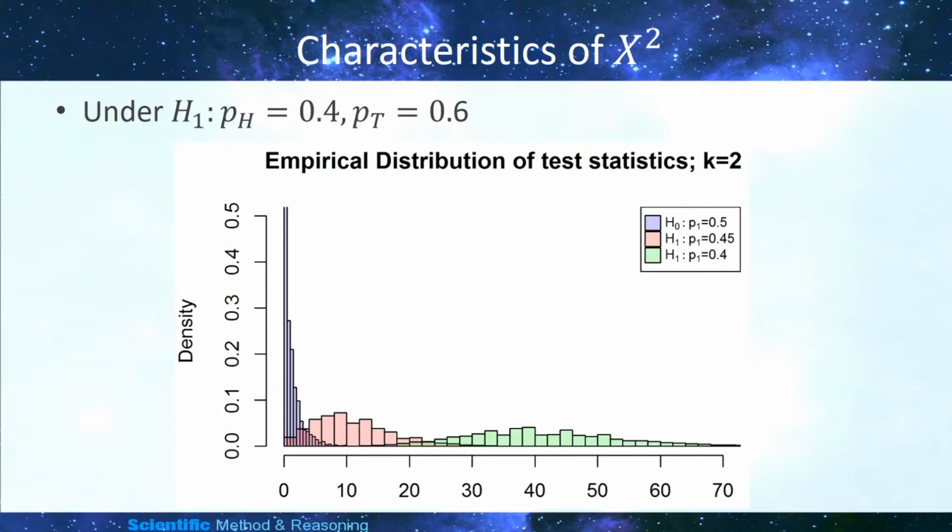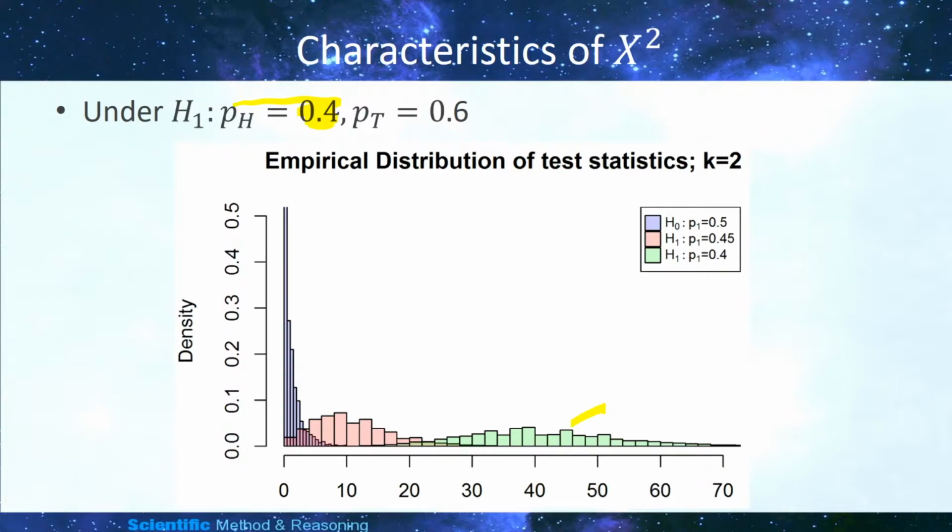The third set of simulation generates the data under the alternative hypothesis with the probability of getting a head even further away from the null hypothesized value of 0.5, where we set pH equals 0.4, and the empirical distribution is plotted in the diagram in green. So you can see the three distributions under the three hypotheses are actually very different.